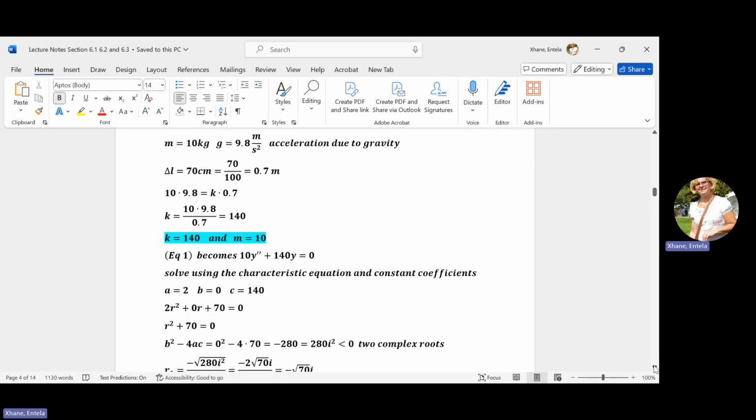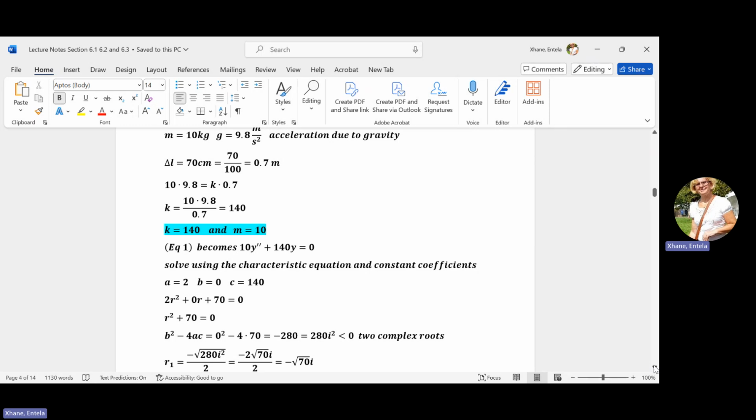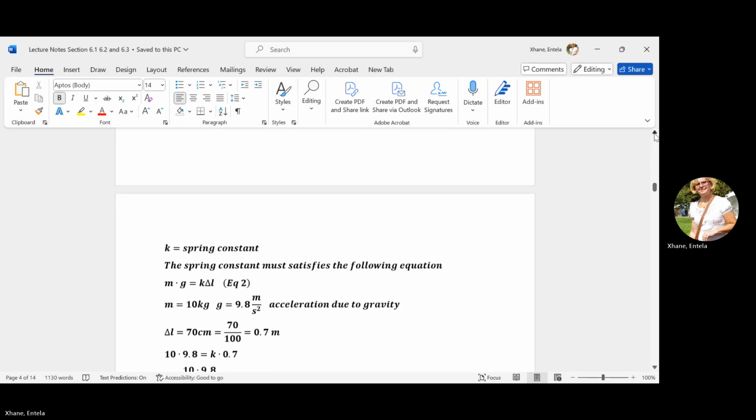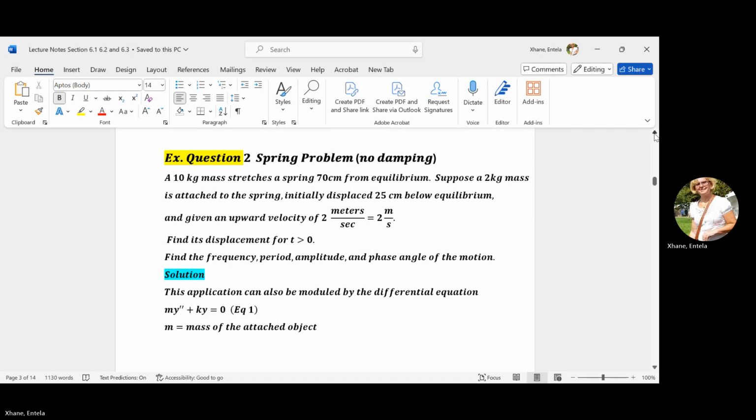So K is 140, M is 10. We substitute them. So the equation becomes A is 2, B is 0, C is 140. Why is A 2? I don't know. A is supposed to be 10. Wait a minute. What am I doing? I think M is 10. Oh, suppose a 2 kilogram mass is attached, so M is 2.